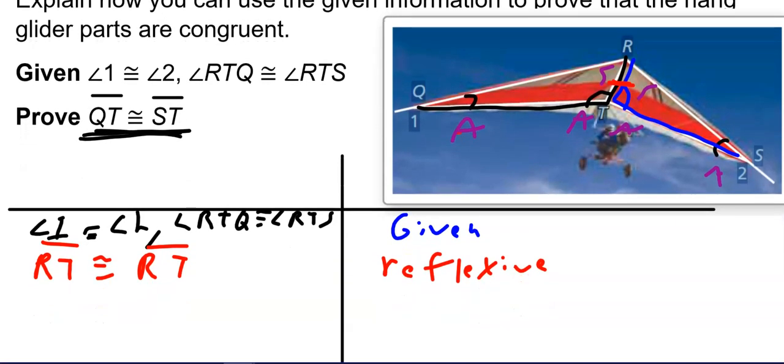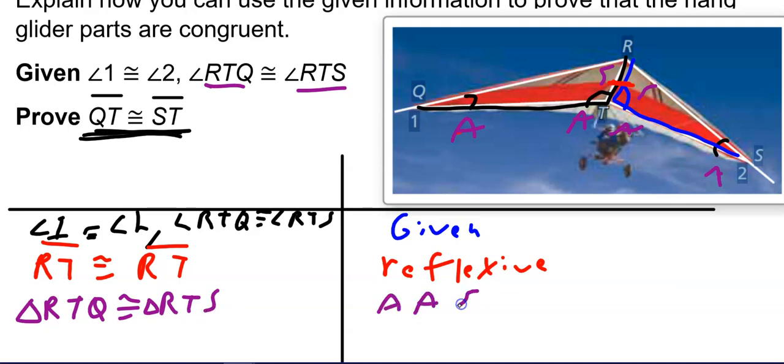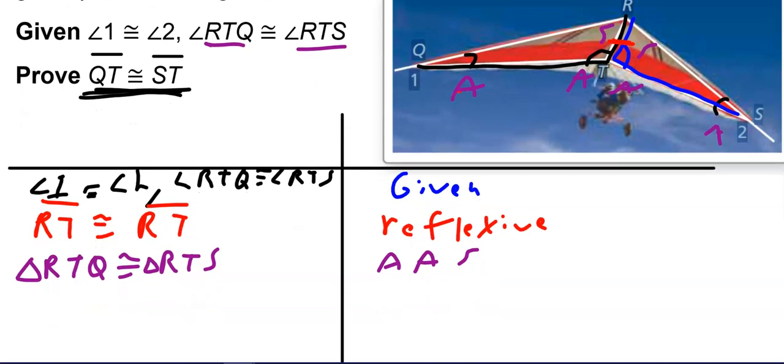Okay? And we can just kind of copy this and just make it triangles, because RT is the same on both, and we go out to the Q and the S. So we just say triangle RTQ, order is important, is congruent to triangle RTS. Okay? And we say that by AAS.